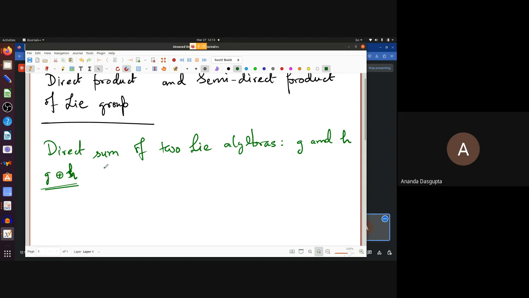Group labels are denoted by capital letters, so you call it group capital G or capital H, for example. And the elements of the group you use small letters for, and you turn it around for algebras. For the algebra, you typically use small letters for the name of the algebra and capital letters for the elements.